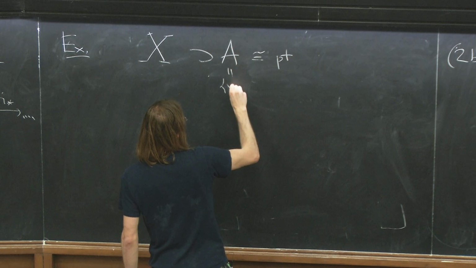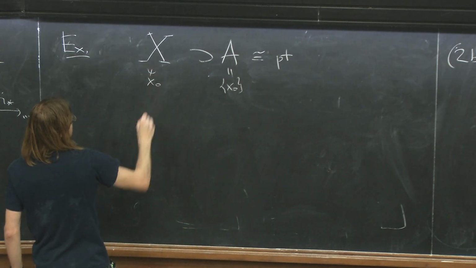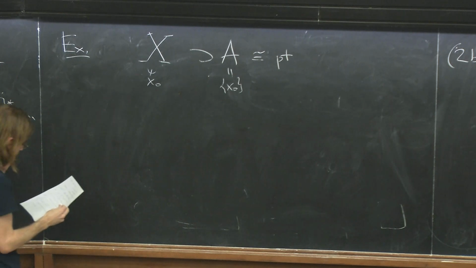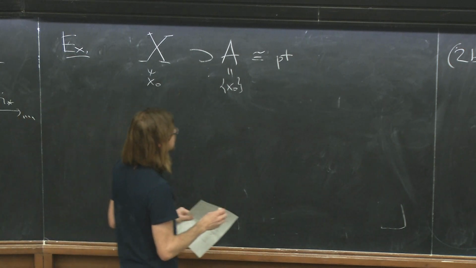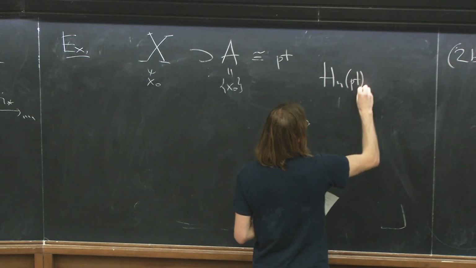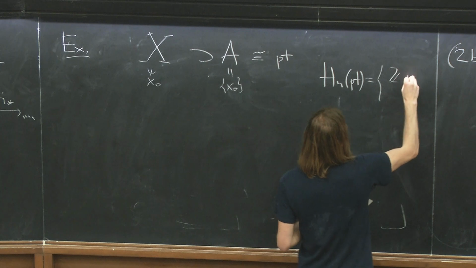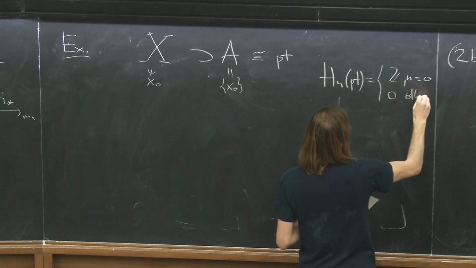You just take a subspace containing some single point of X. So we know the homology groups of a point: it is Z when n equals 0 and trivial otherwise.